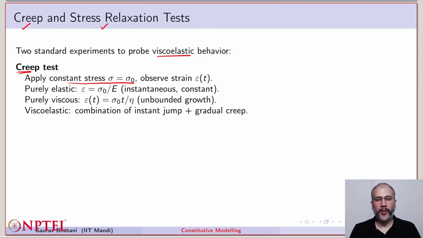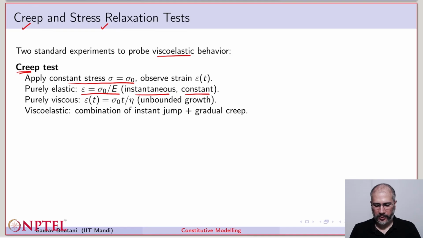Now let us say the material was a purely elastic solid. Then as soon as you provide a sigma naught, you will see an epsilon which is sigma naught upon E, based on the Hookean solid. So we see an instantaneous strain develop and the strain is constant, equal to sigma naught upon the Young's modulus of the material.